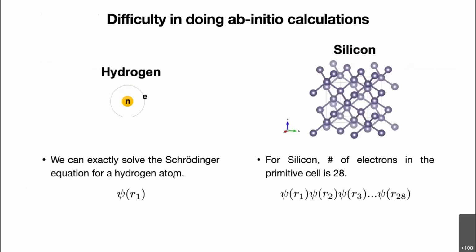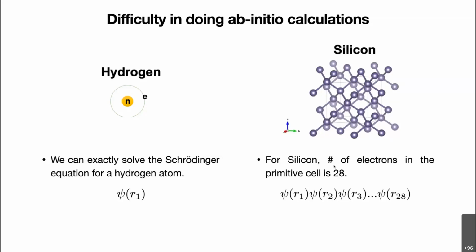For hydrogen atoms, we can exactly solve the Schrödinger equation because there is only one electron and one proton. We just need to consider the wave function for the electron. So it's easy. Also, you may remember that we did some homework to solve the Schrödinger equation manually, right? But what about other systems like solids? For example, silicon is the most widely used benchmarking material for DFT calculations. We know that there are two atoms in the primitive cell.